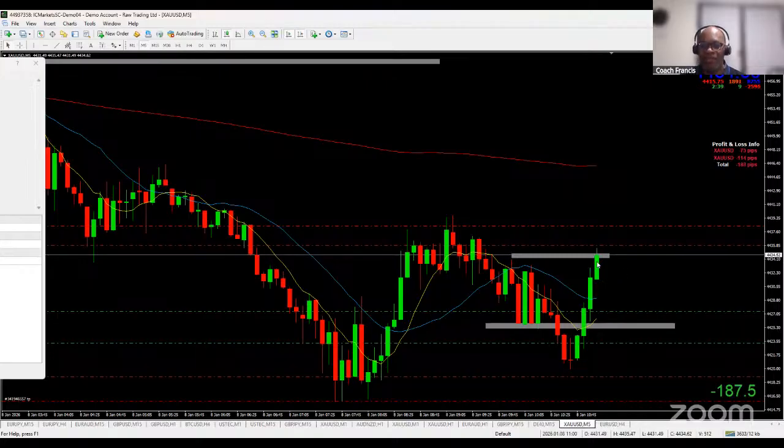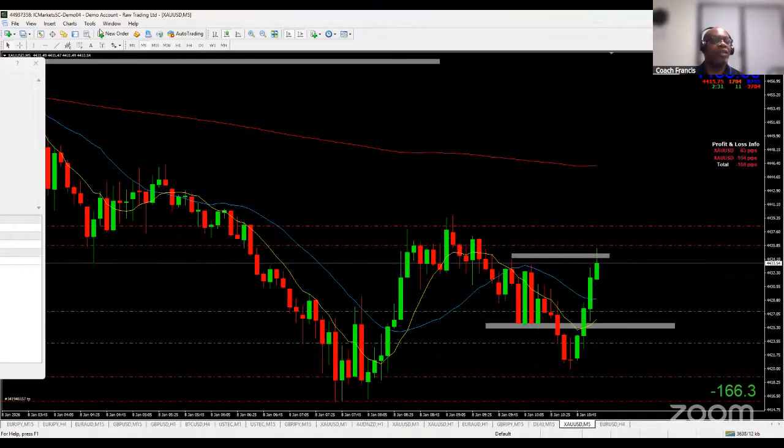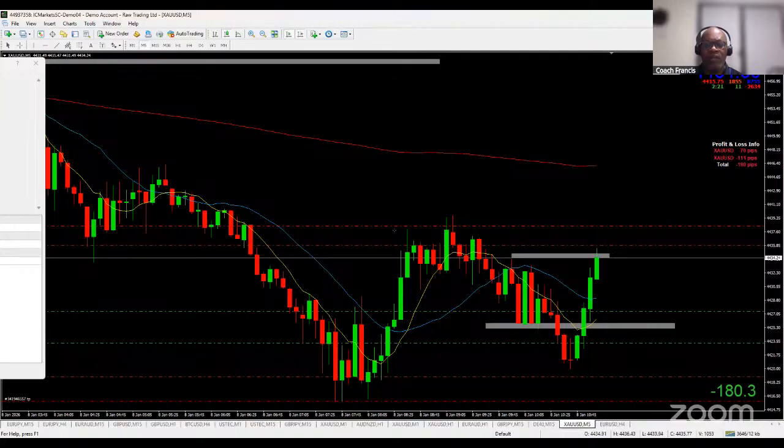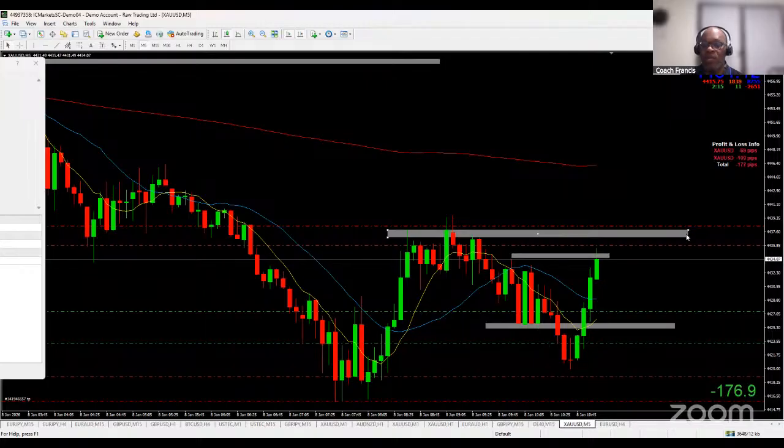If price breaks it, then obviously this is the support, so that's resistance. If the price breaks that area of resistance, then we'll be looking to see what the market wants to do, whether it wants to keep on pushing up.